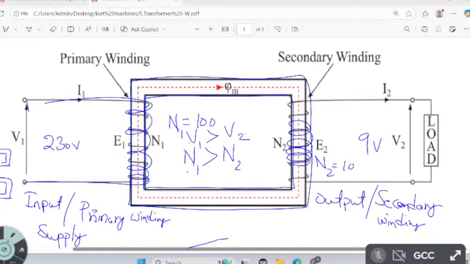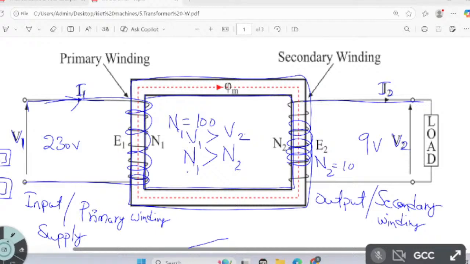I am naming the suffix as 1: V1 input. What is the current flowing here? I1 current is flowing. So the input current suffix is 1: V1, I1. The output voltage is V2, suffix secondary, second means 2. The current is I2.